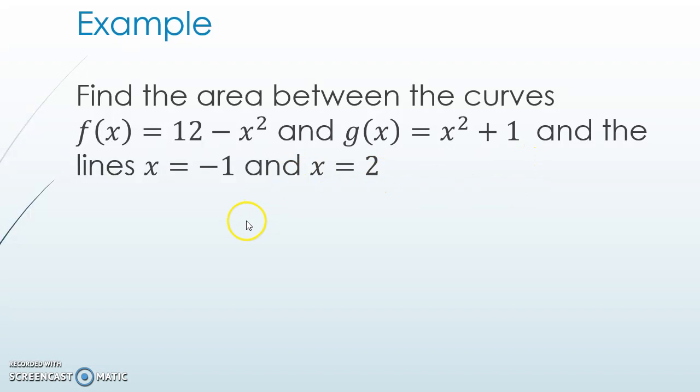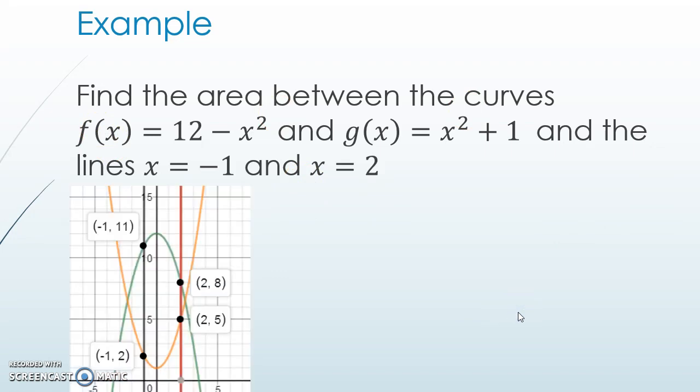Second example goes a bit further, so finding the area between the curves. So we've got two curves here, two quadratics, and some vertical lines, x equals negative 1 and x equals 2. Now if we just put all that onto a graph, we get a graph similar to this.